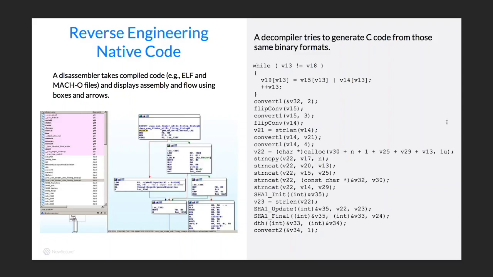Over on the right-hand side, this is the same function, but decompiled back into some C code. You can see it looks like valid C. It's not the way a person would probably write it, with the variables just named V1 and V2 and so on, but it does have the proper syntax.